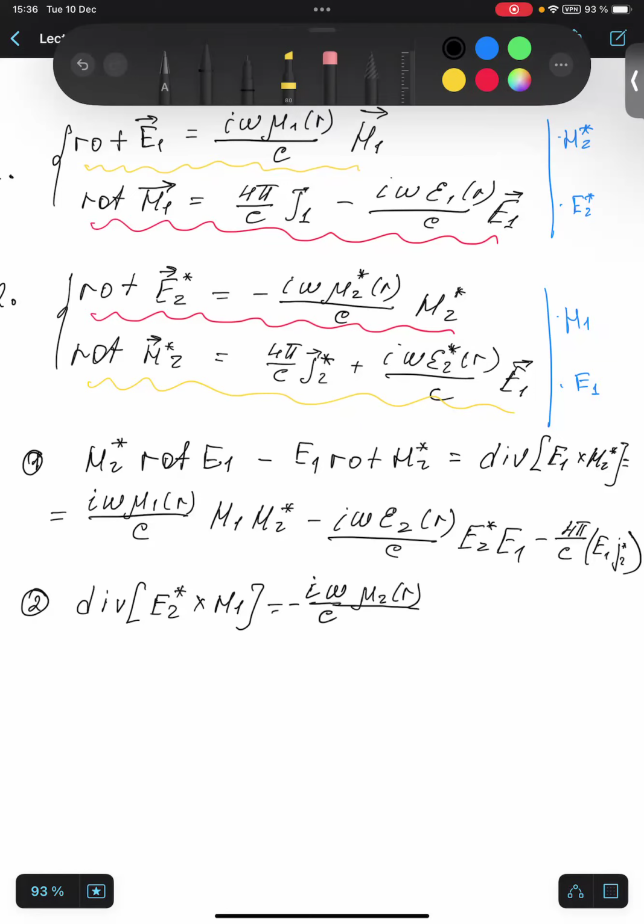So strictly speaking, it must be conjugated. So here conjugated, here also I forgot the conjugation.